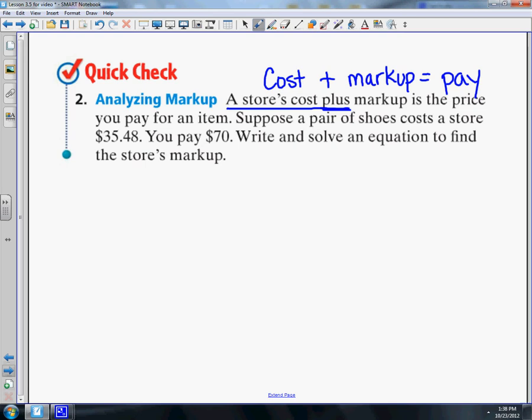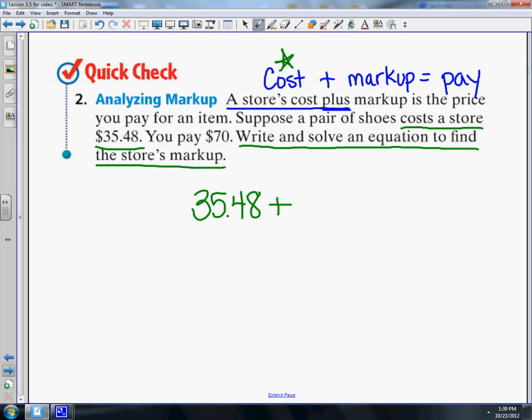Suppose a pair of shoes costs a store $35.48. So I'm going to put it right in for cost, $35.48 plus the markup. Do I have the markup, or is that what I'm trying to find? It says, write and solve an equation to find the store's markup.